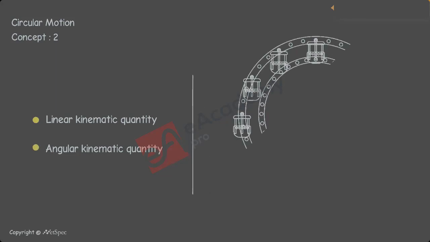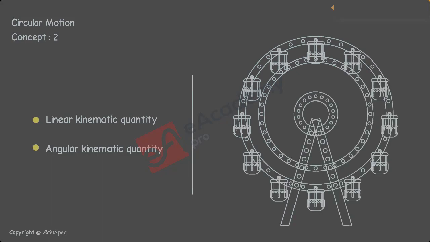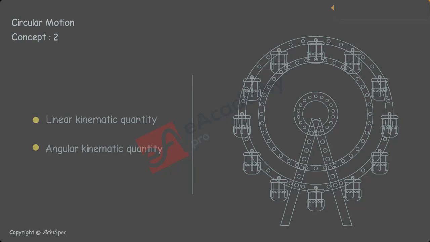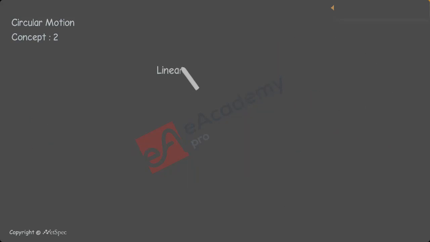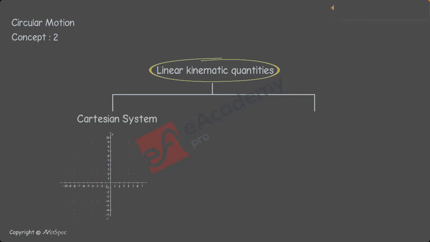The linear kinematic quantities can be analyzed by the Cartesian system or polar coordinate system.